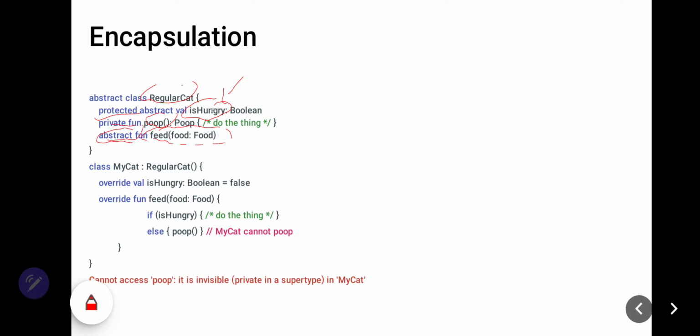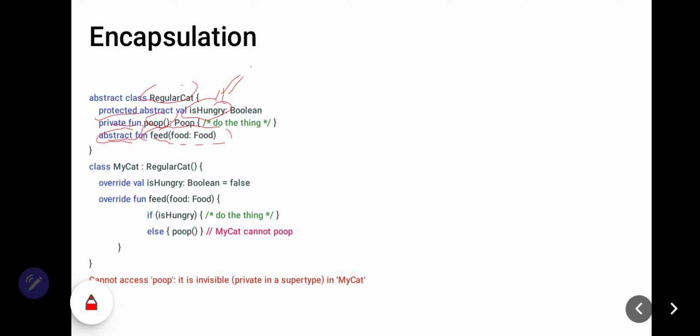isHungry is declared as protected in the abstract RegularCat class. It means this property can be accessed by the inheritor class.